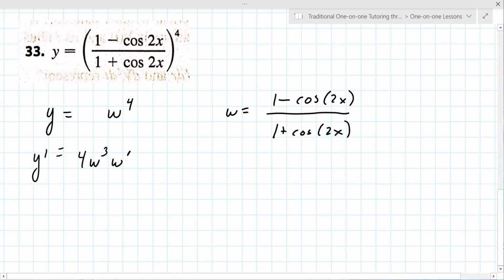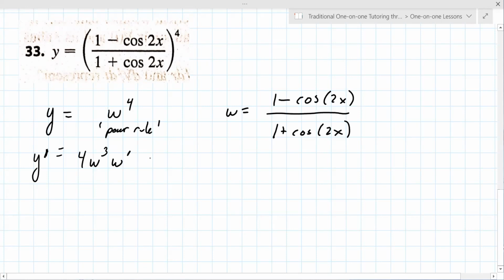Hang on. W is all the, like you said, x to the 4th. I chose w because x is already in here, and there can be a little confusion when you map the same variable onto itself. Why did you do the 4w to the 3rd? That's power rule. That's the first one you learn. Yes, sir. Okay.